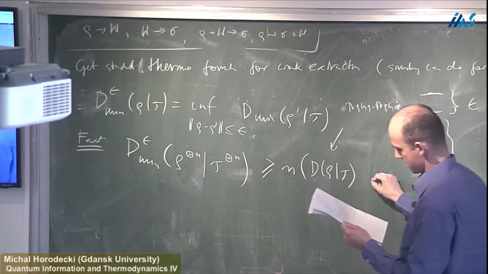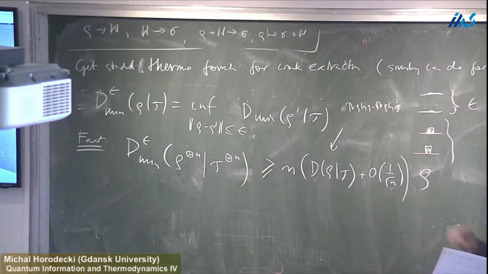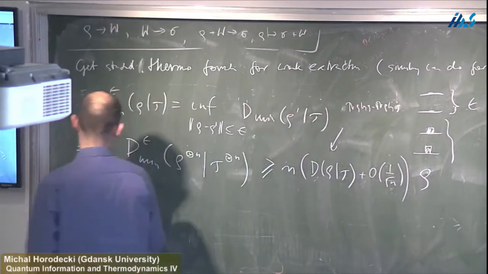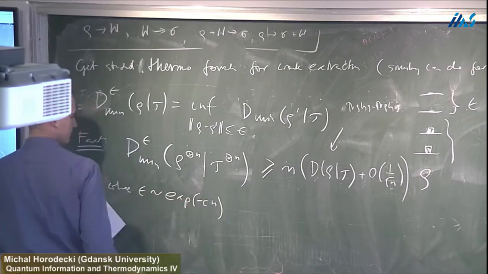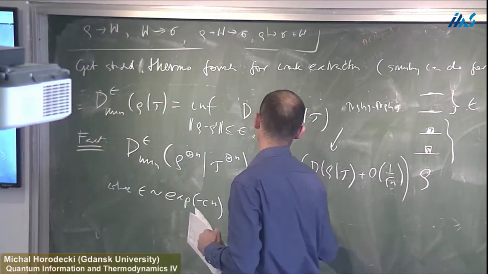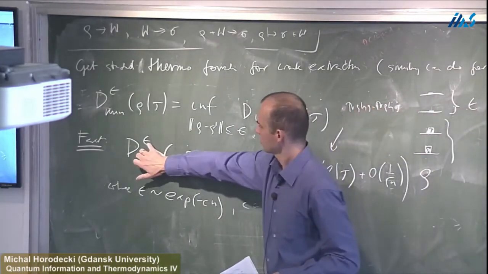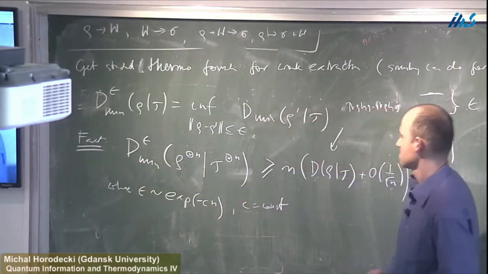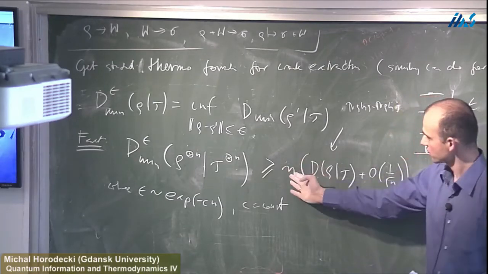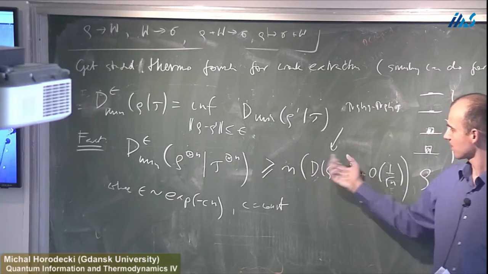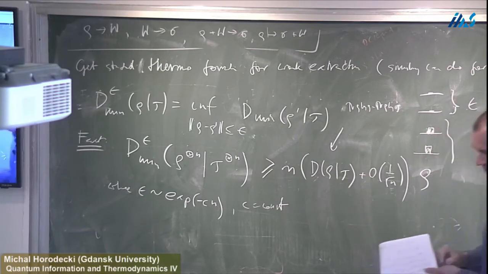So it's the standard one plus something small, and this epsilon is exponentially small in n, with some constants. What this tells us is that if I have many copies and I tolerate an error that goes to 0 very fast, then essentially the amount of work I can draw is just given by the standard relative entropy.